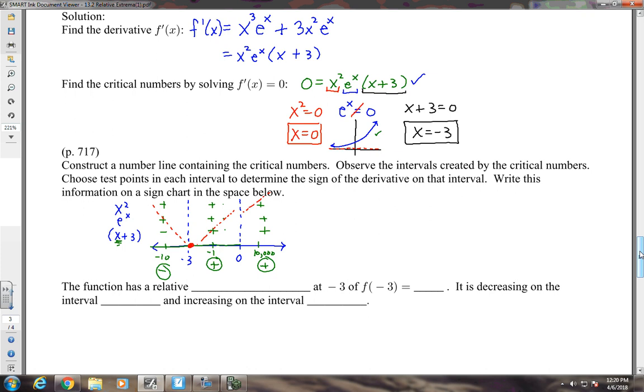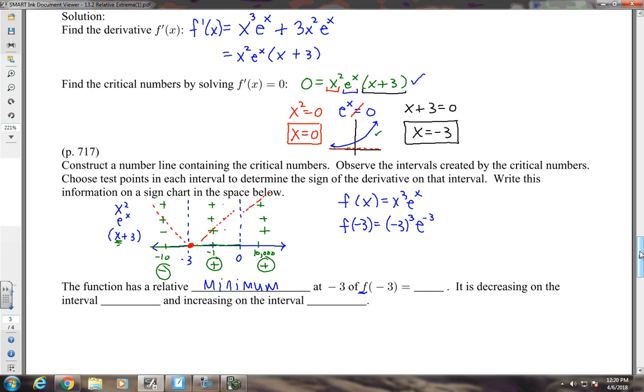So the function has a relative minimum at -3, and the function value, remember we have to go all the way back to the original function to find the function value. If you'll recall, the original problem was x cubed e to the x. So f of -3 is -3 to the third power times e to the -3.